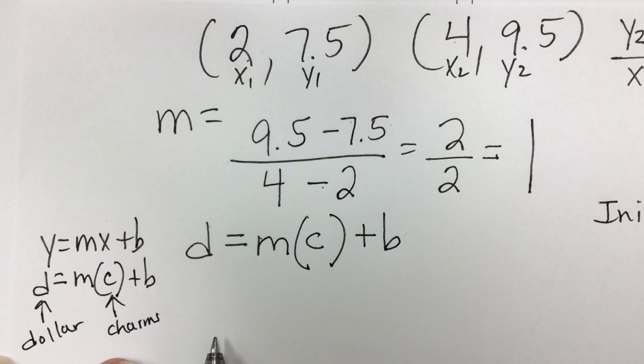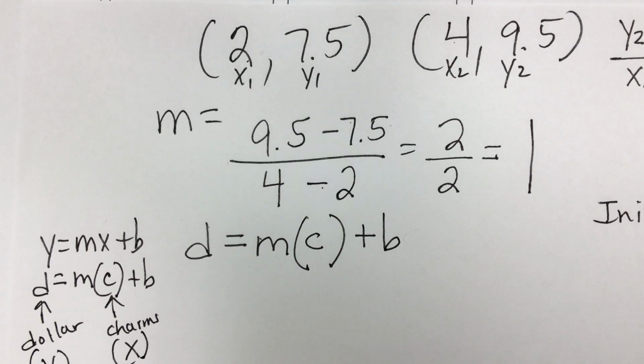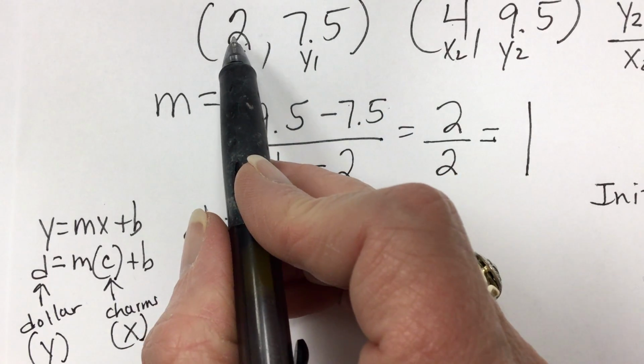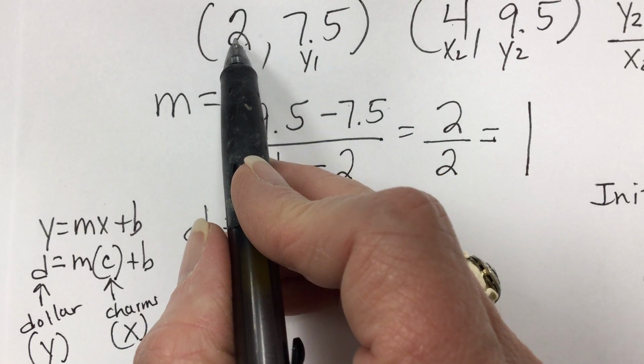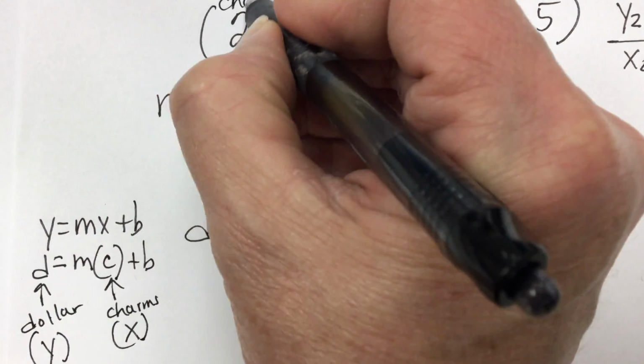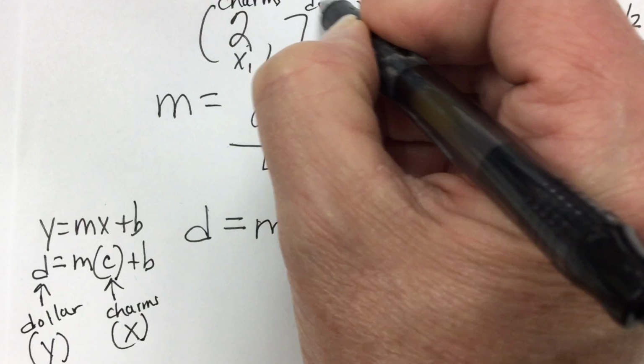All right, so if C is charms and D is dollars, then C is your x value and dollars is your y value. So the first number is your number of charms, and this is your money.